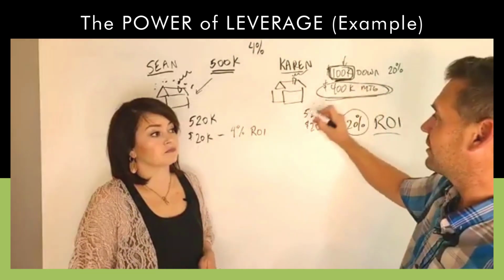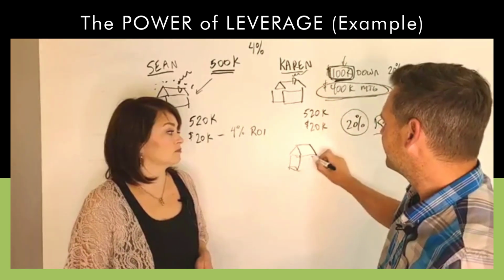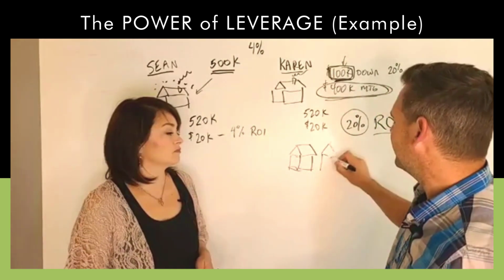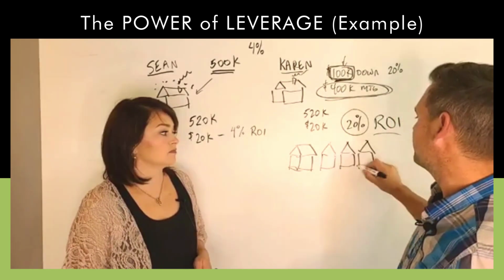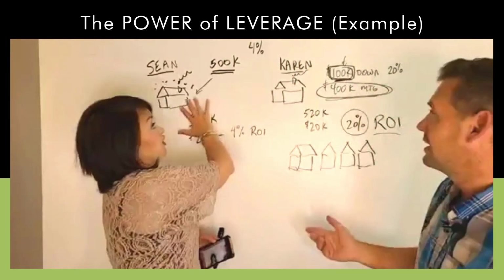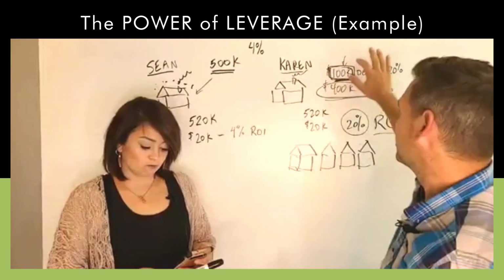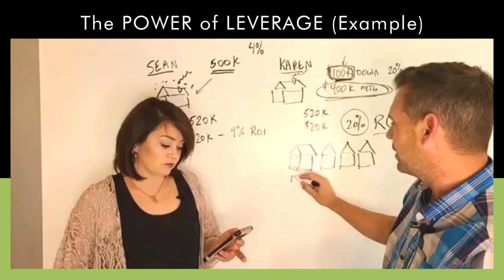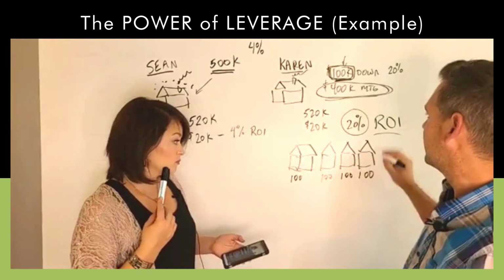Now, Karen can go and buy house number 2, house number 3, house number 4, and house number 5, assuming they're all priced at the same amount. For the same money. For the same money. That she could have bought one cash. As Sean bought one. Now, she puts $100,000 down on each of these, plus her 100 here.